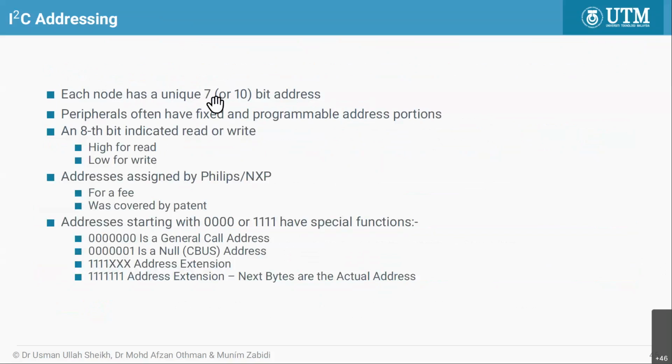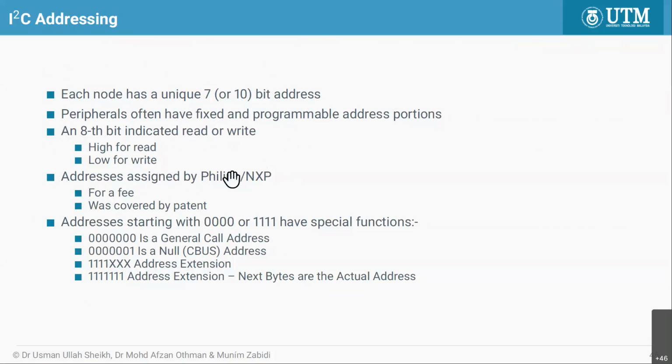So each node has a unique 7-bit address, and the device address is fixed at the factory. Some part of it can be programmable, depending on the device itself. So we have 7 bits for address, and the 8th bit is for read or write.